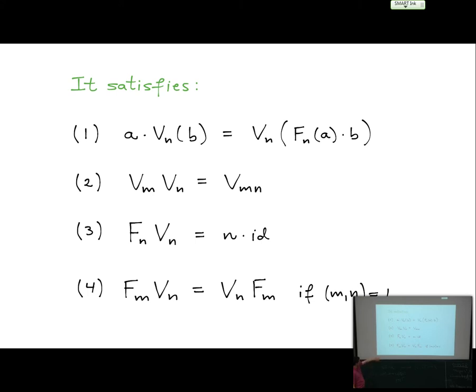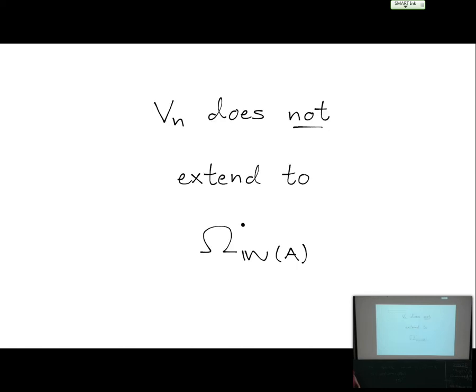It satisfies a projection formula with the Frobenius. It's an action of the n's through additive maps, going up with F_n and down with V_n, and then F_nV_n is n times the identity, and if m and n are relatively prime, F_m and V_n commute. But this map does not extend to the de Rham complex.